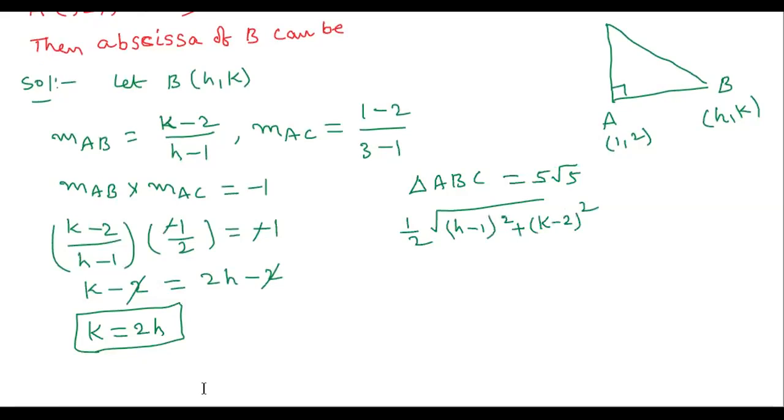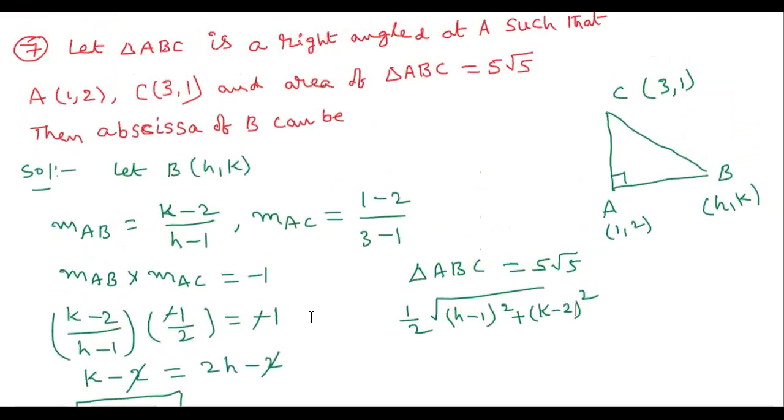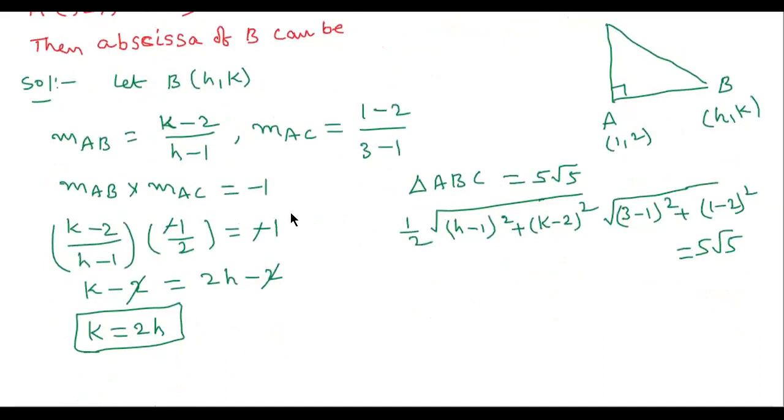Now the distance between A and C. How much do we get? That is root of 3 minus 1 whole square plus 1 minus 2 whole square. That is equal to 5 root 5. And sending 1 by 2 to the right hand side, we get 10 root 5.